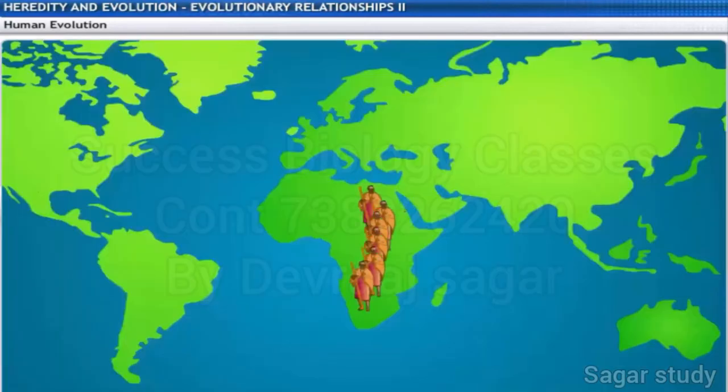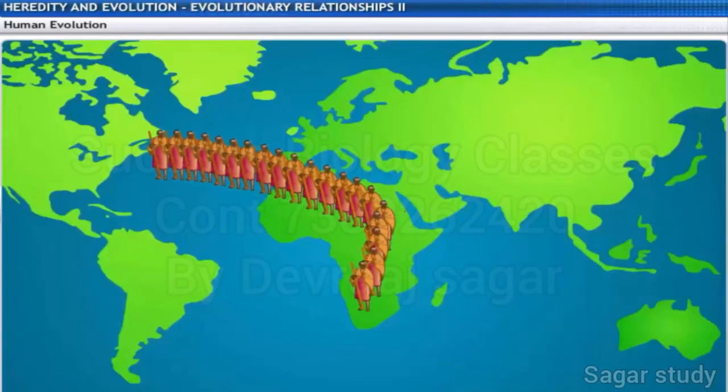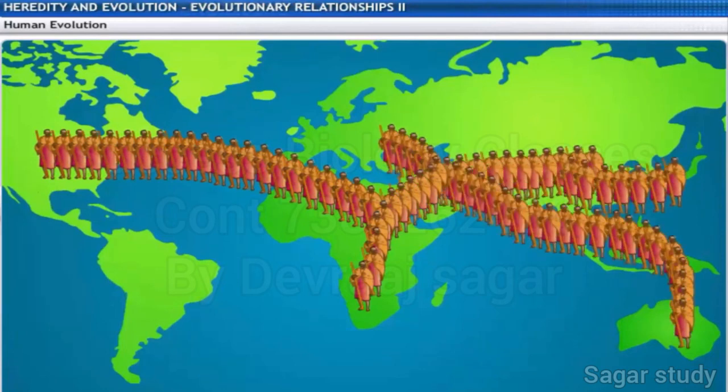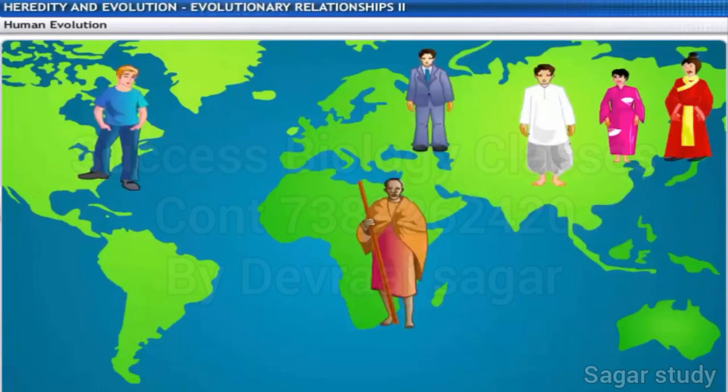A couple of 100,000 years ago, some of our ancestors left Africa and slowly spread across the planet. It resulted in stopping the gene flow, and over time it led to the evolution of different races.